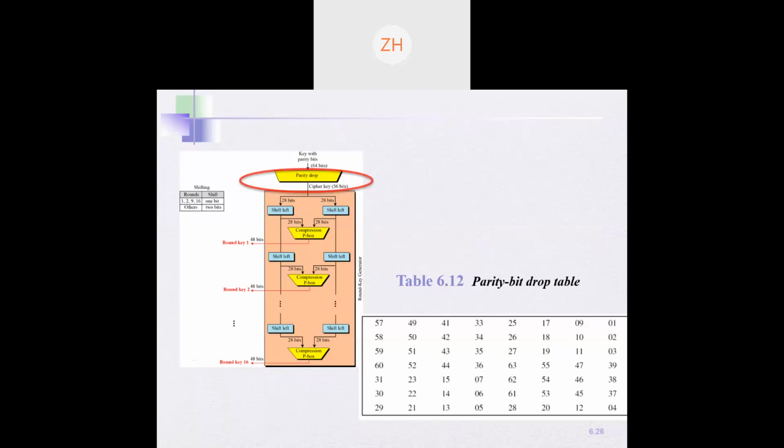For the key, we have to delete or remove certain bits, from 64 bits now to become 56 bits. How do you do it? By using this parity bit table. So how many bits are dropped now? 8 bits. 64 minus 8 becomes 56.